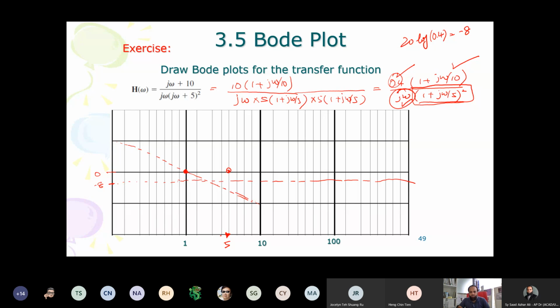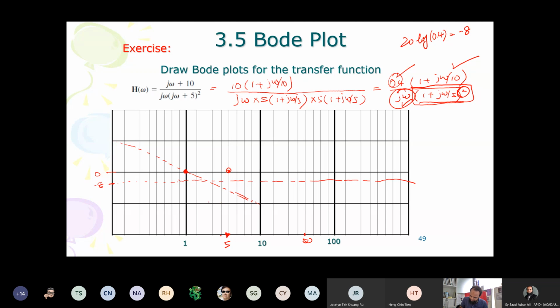Somebody mentioned -40. Yes, thank you very much. It will be -40 because it's a square. So from 5 until, assuming this is 50, we'll go -40 dB.